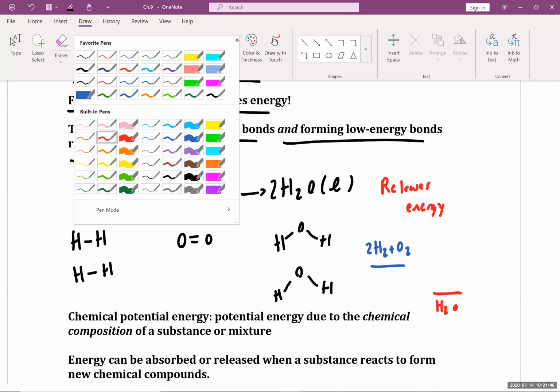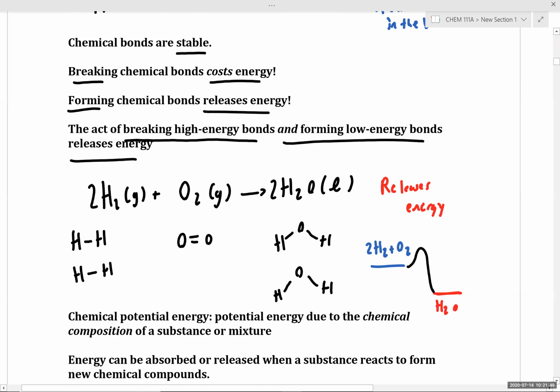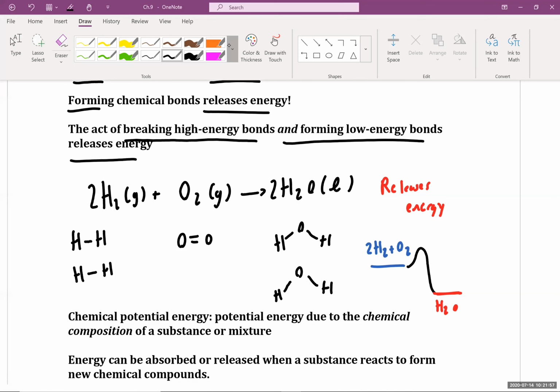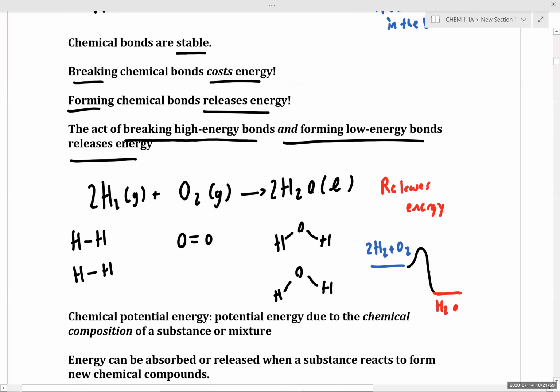And as we convert our reactants to products, some of this energy is released in the form of heat. Okay.